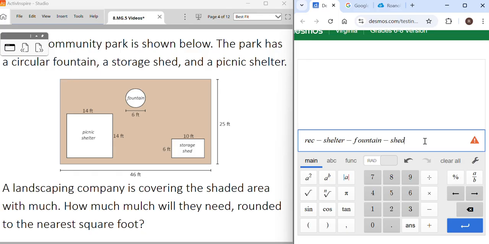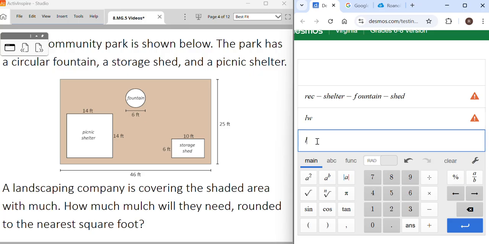All right. So what I'm going to do now is look and see if I can do this all together or not, because I may not be able to, because the rectangle and the shelter and the storage shed all use the same formula. So I'm going to leave this up here at the top, and I'm going to fill in the areas as I find them. So let's start with the rectangle, the large one, LW.